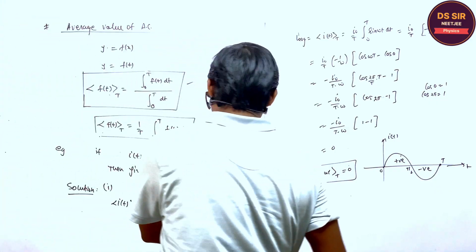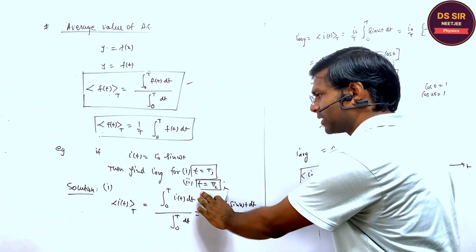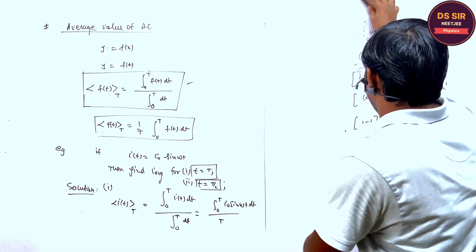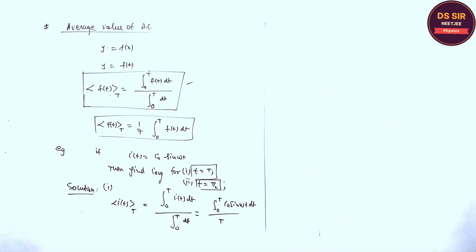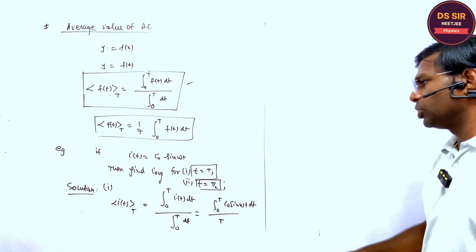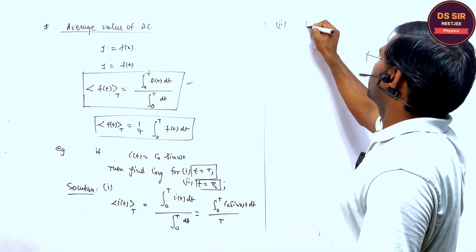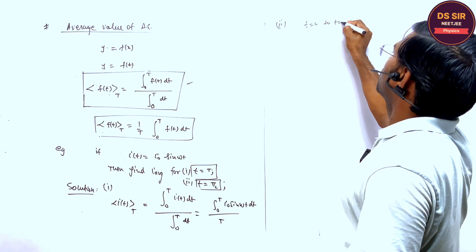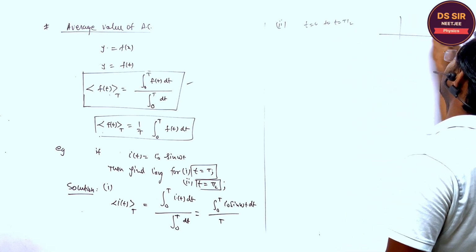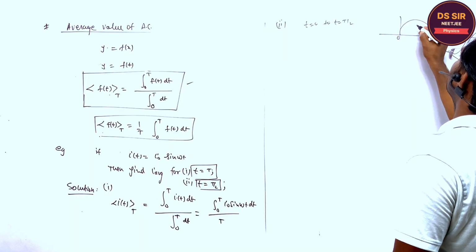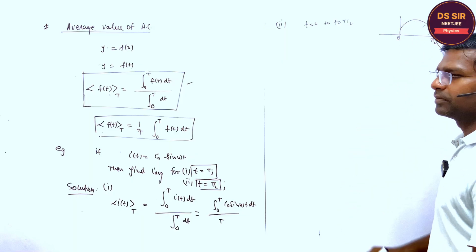Okay. Now for the second part, that is T equal to T by 2. For the complete cycle the average value is 0. For T equal to T by 2, we integrate from 0 to T by 2, that is, half cycle.